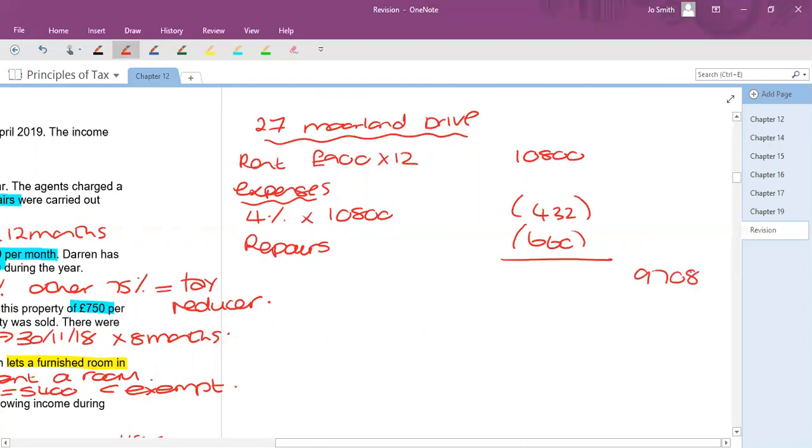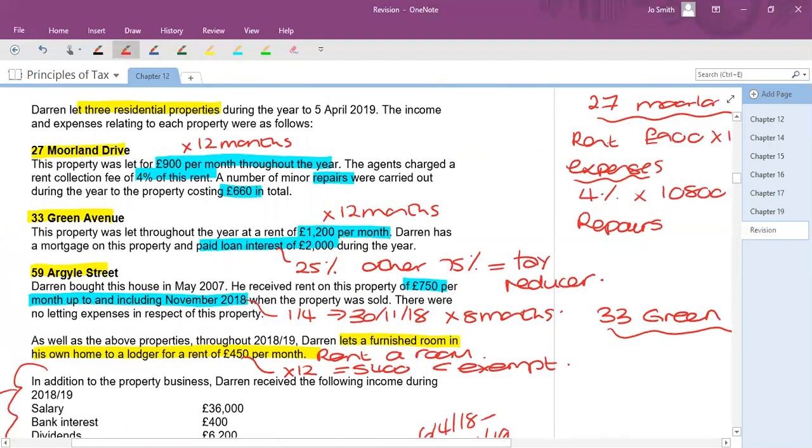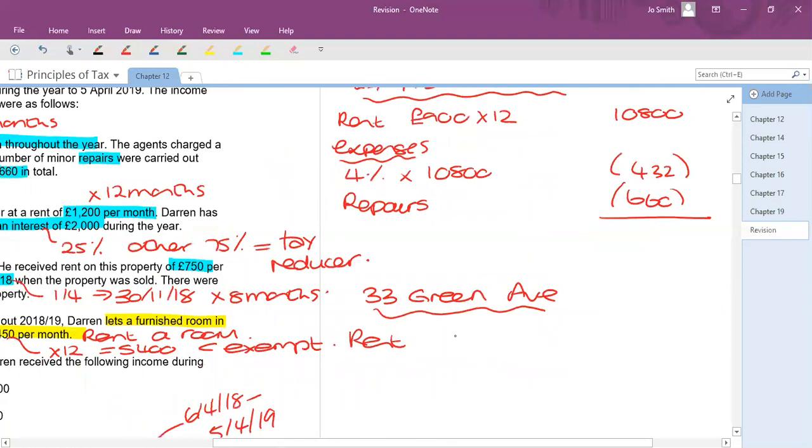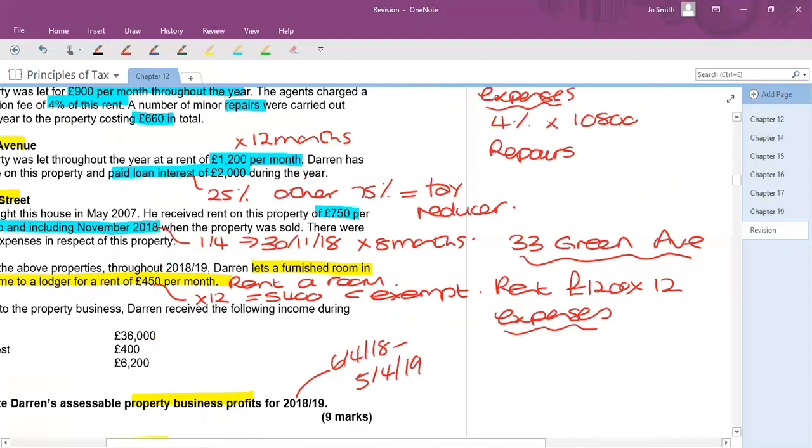Moving on to the second property then, we've got 33 Green Avenue. Have a look here. Now this one, his rent was £1,200 a month for 12 months. That gives him 14,400. And then for his expenses, this is the one where he got his mortgage interest of 2,000, but he could only claim under property income 25% relief.